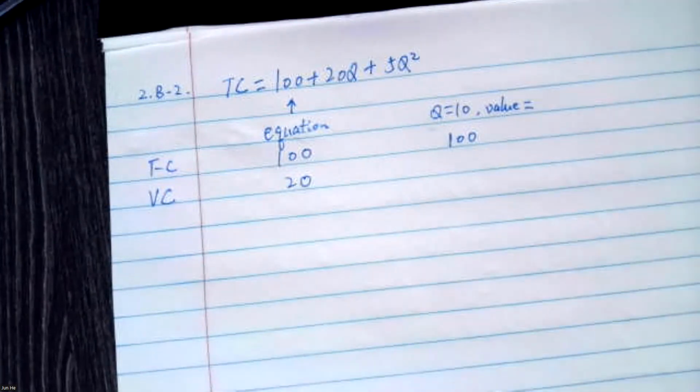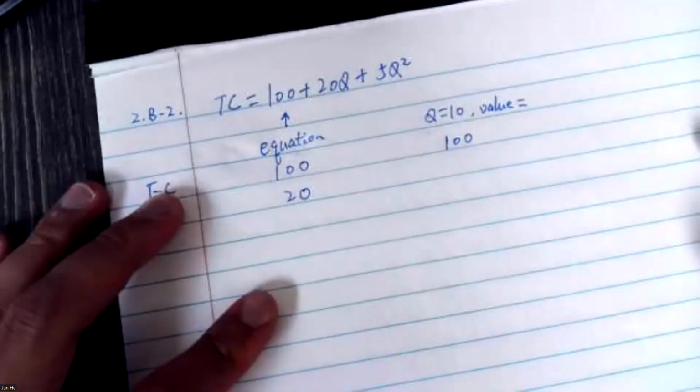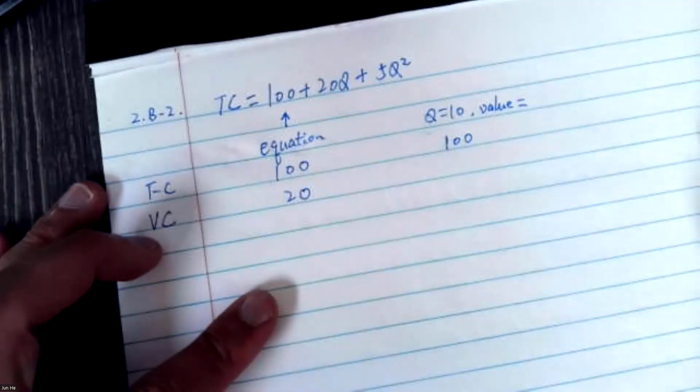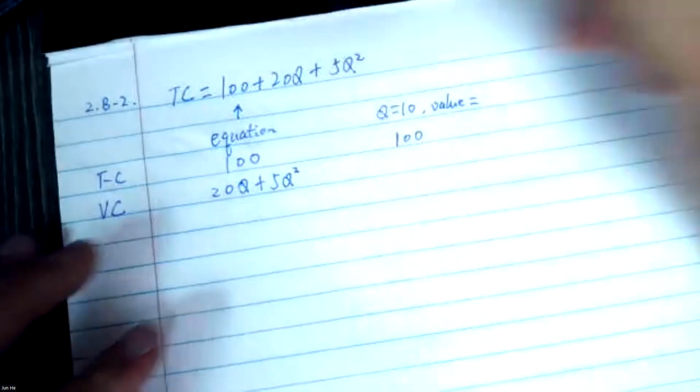And here, variable cost when Q equals 10, that is when you need to consider the entire amount of variable cost. Okay. Sorry, it's not just 20Q, it's 20Q plus 5Q squared.